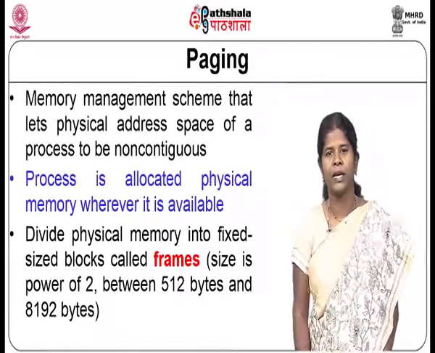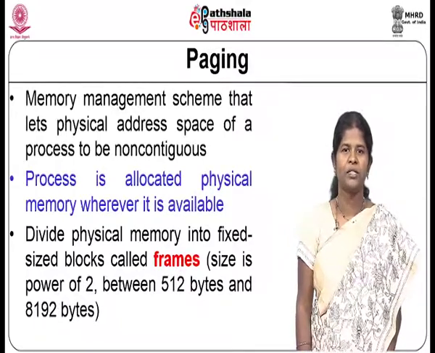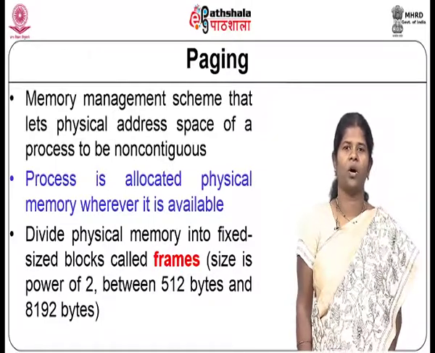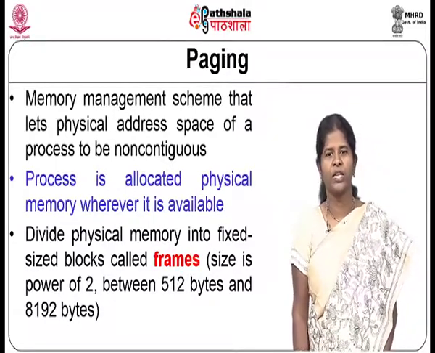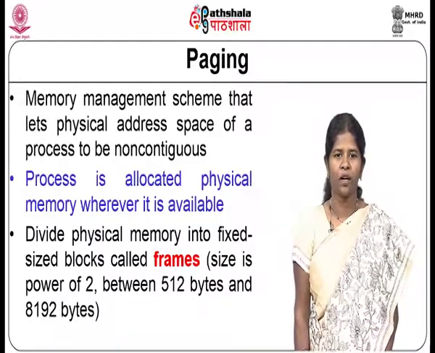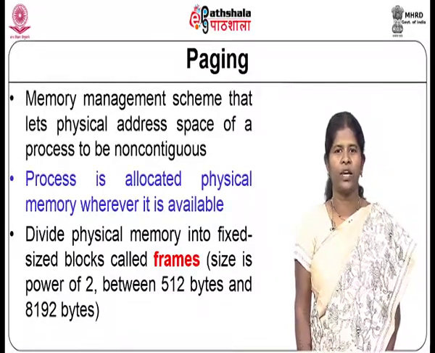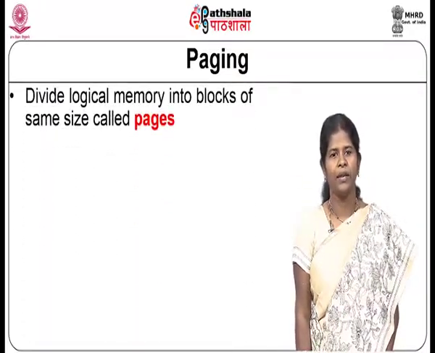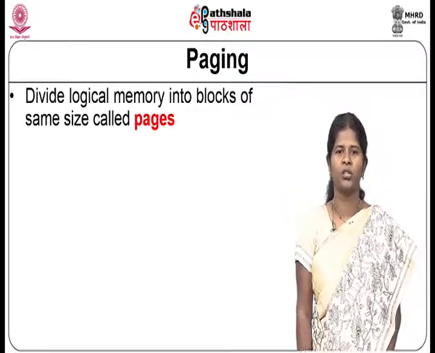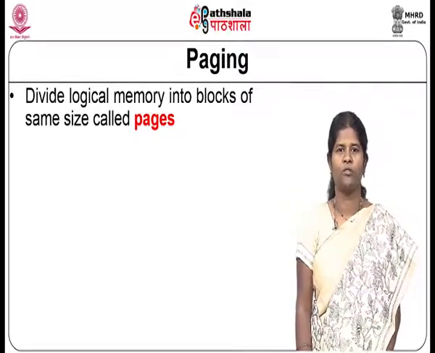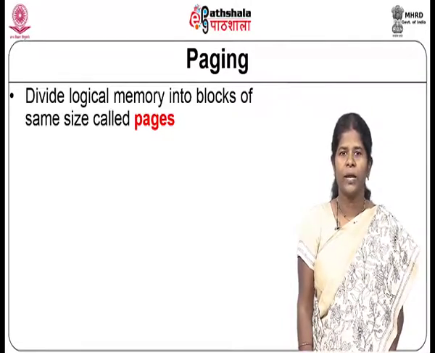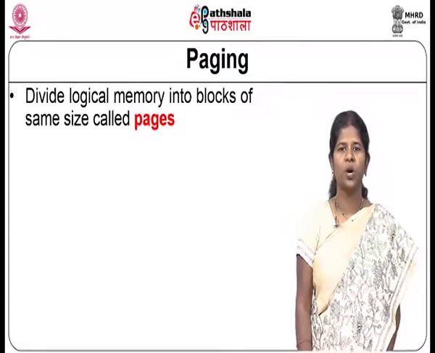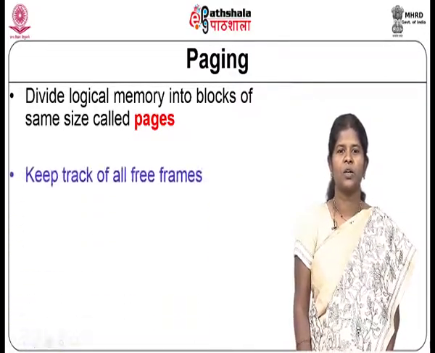So, what is done in paging is that the physical memory is divided into fixed sized blocks called frames or page frames, and generally this size is always a power of 2, which can be between 512 bytes and 8 kilobytes. And the process is also divided into pieces of the same size, which are called pages. So, the logical memory that corresponds to the process is also divided into blocks of the same size called pages.